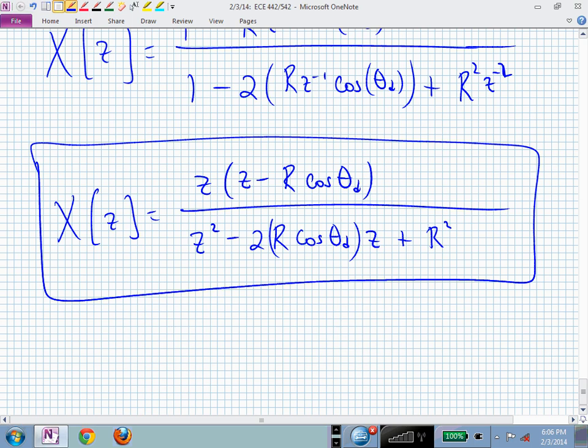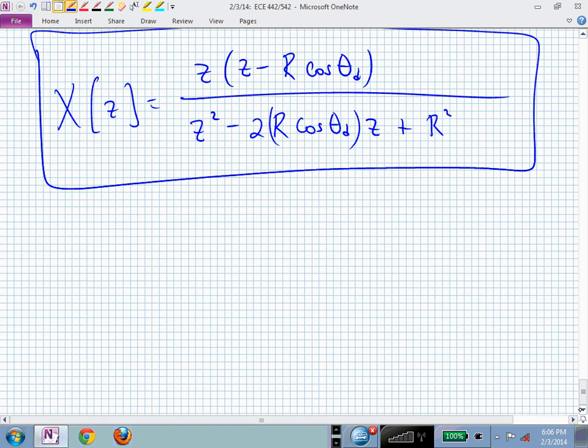And if we looked at the pole zero diagram in the complex plane, that's now just some combination of finite zeros and finite poles.